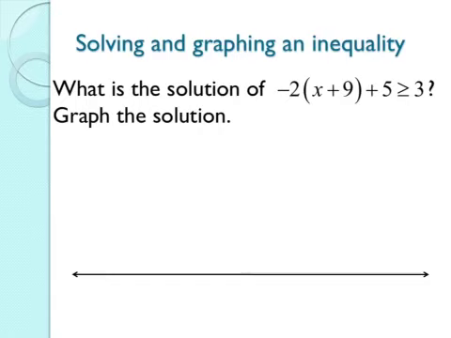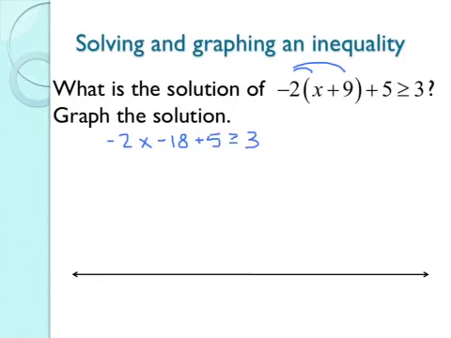Alright, so now let's actually solve an inequality. This is very similar to just solving a regular equation, except I'm going to have to take into account anytime I multiply or divide by a negative number, just in case my sign flips. So, first things first, I have to distribute. Distributing this -2, -2x minus 18 plus 5 is going to be greater than or equal to 3.